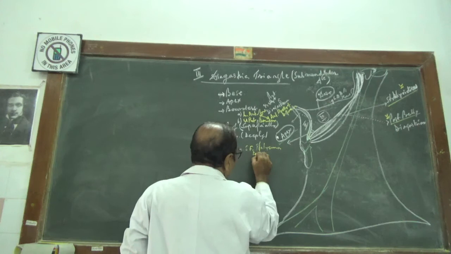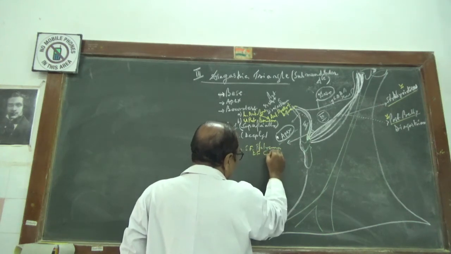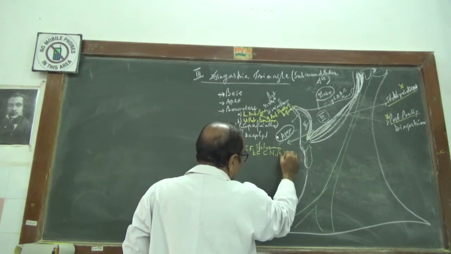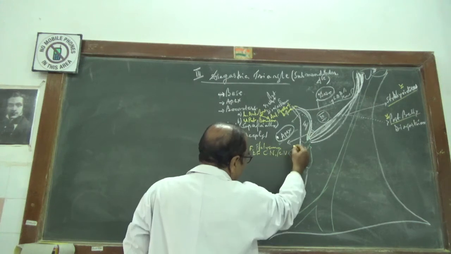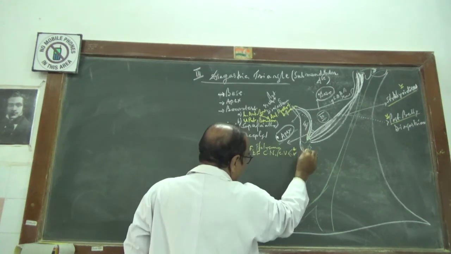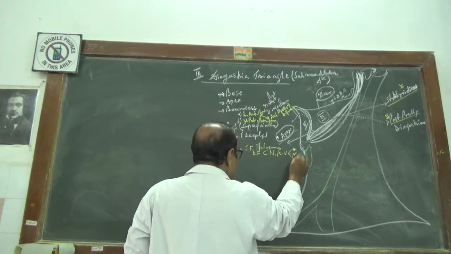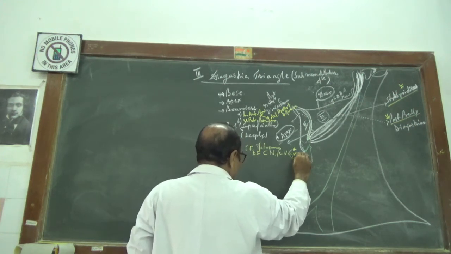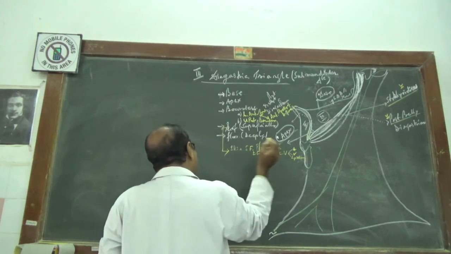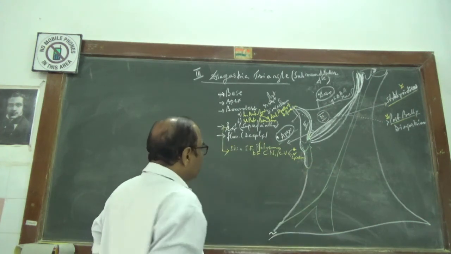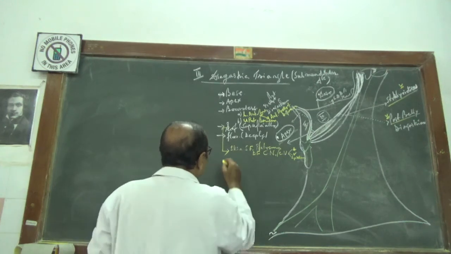Then you have the deep fascia, cutaneous nerves, and cutaneous vessels. The vessels include the cutaneous arteries, cutaneous veins, and the cutaneous lymph vessels, as well as the superficial nodes. Now this will be the roof of the digastric triangle.